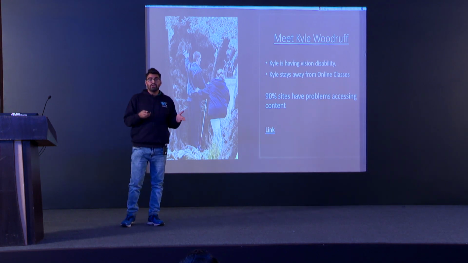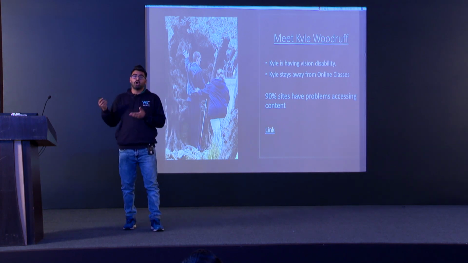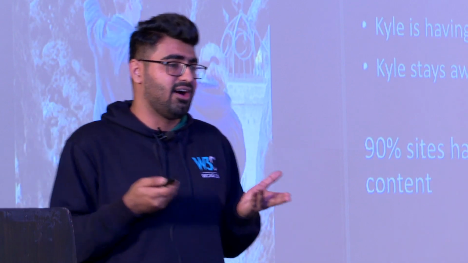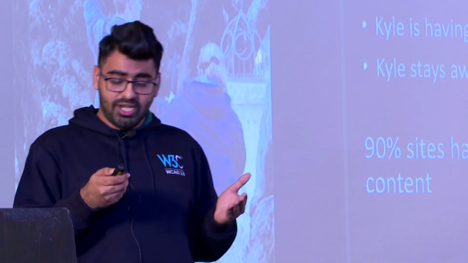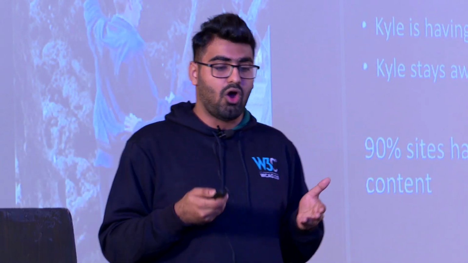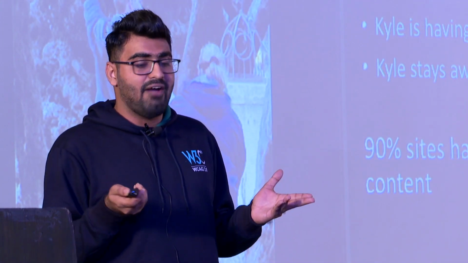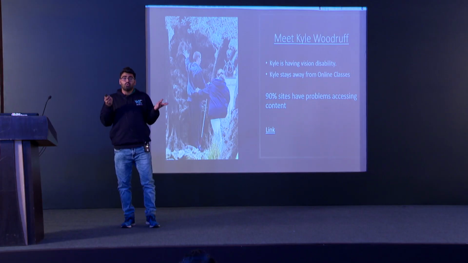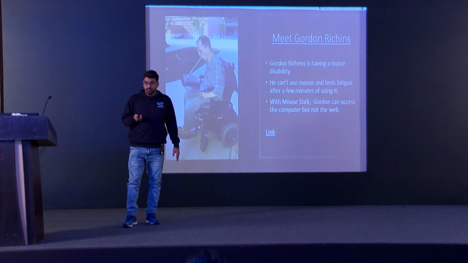Kyle is a student, so he wants to purchase an online course, but whenever he goes to any website, he finds it very difficult to understand what is there, because 90% of the websites on the internet are not accessible, or not prepared for screen readers. So Kyle has no option. He's like, I don't want to use these websites. I may purchase a course offline if it is available.